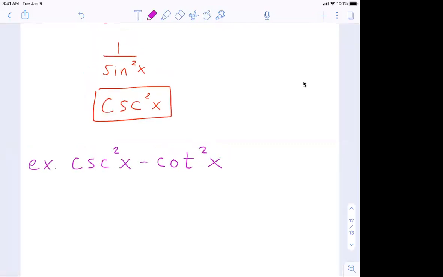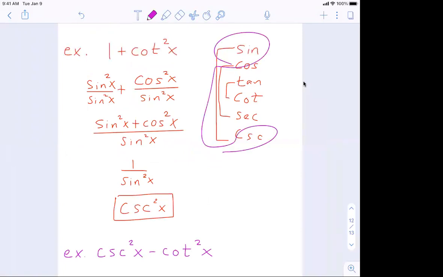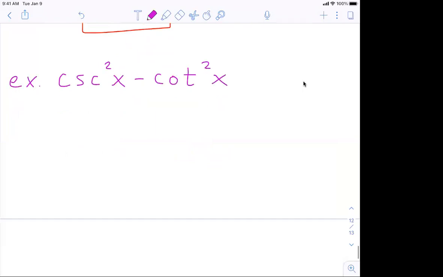So first step, write things in terms of sines and cosines. So remember, we just said the cosecant was the sine flipped over. So cosecant squared is 1 over sine squared.